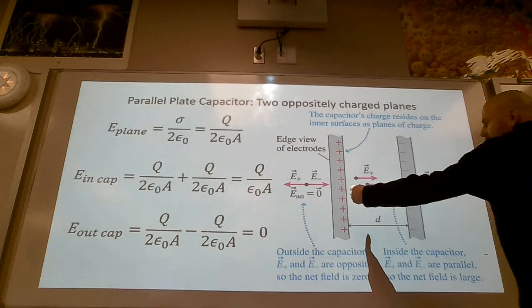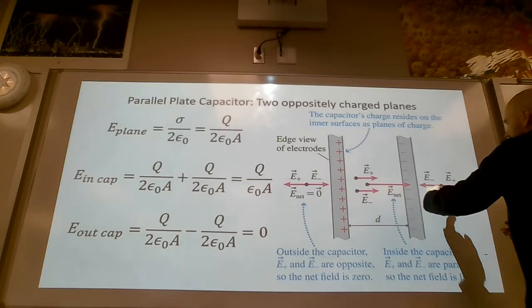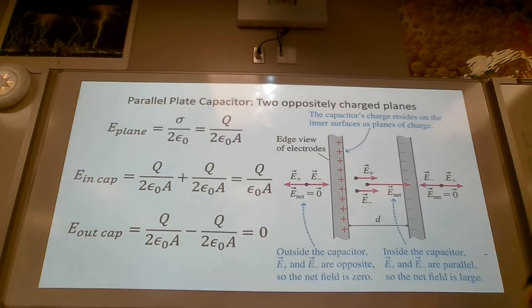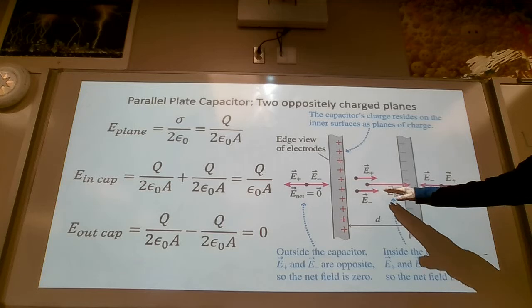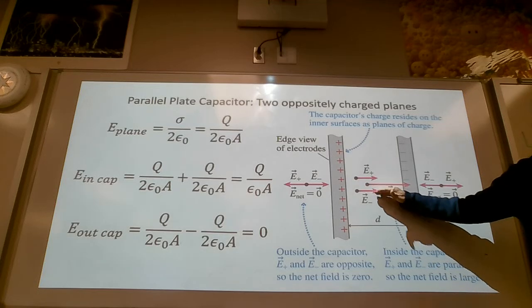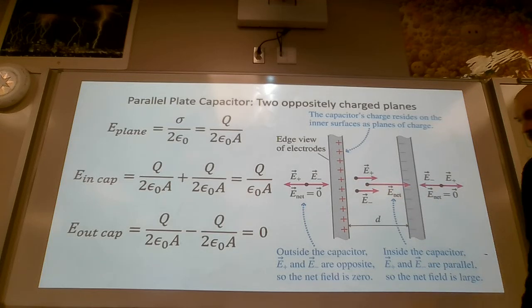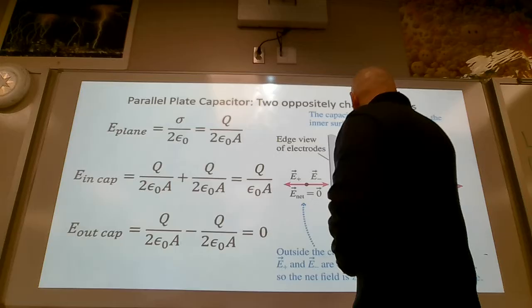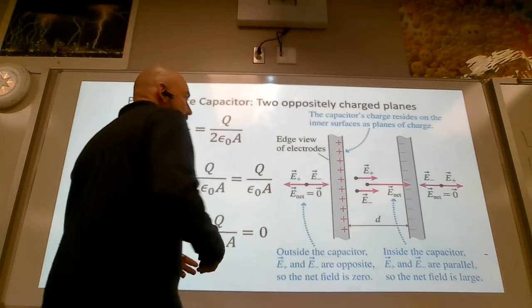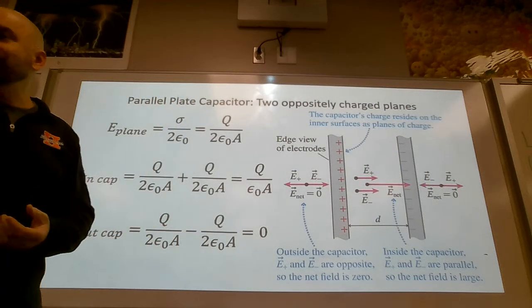So it creates this one and this one. Where you see them overlap here, you have two of them in the middle combining together. Does not matter how far away you are, right? Because it's an infinite plane of charge.